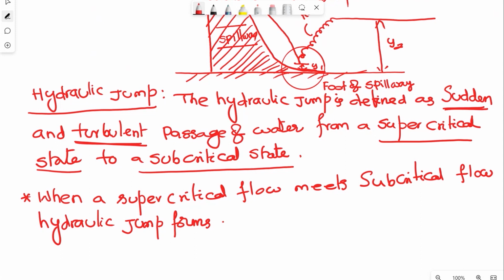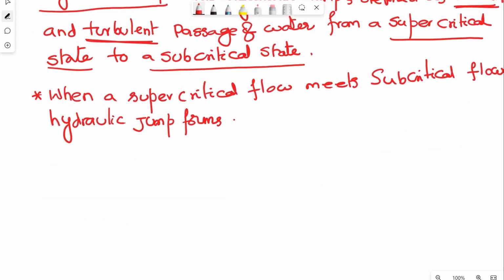This is the next thing. What is actually the hydraulic jump?